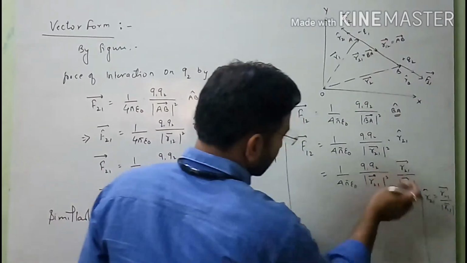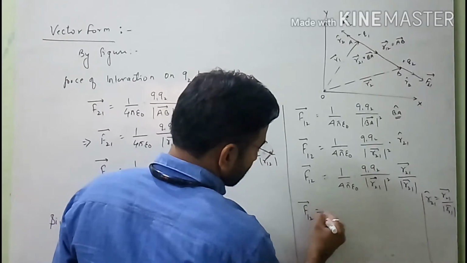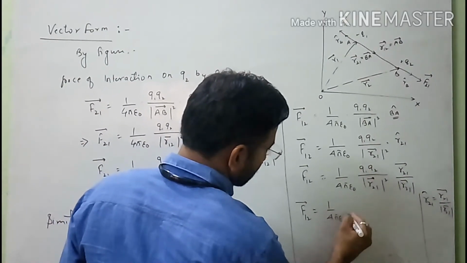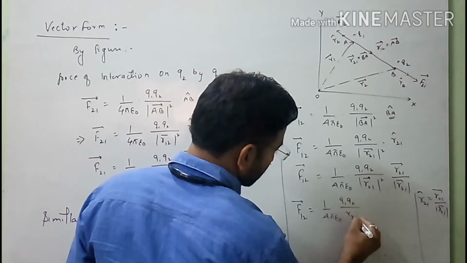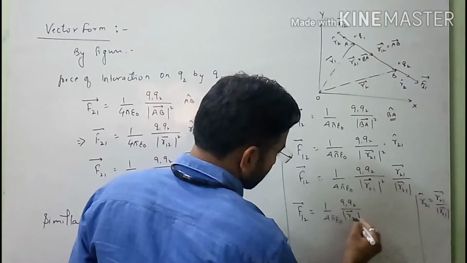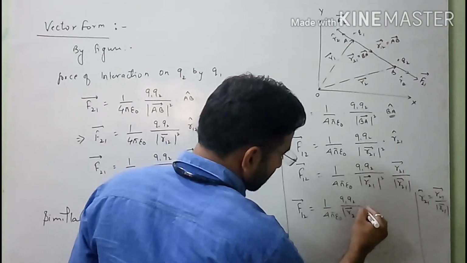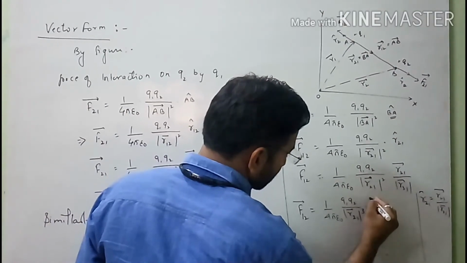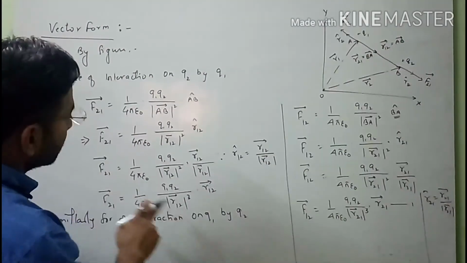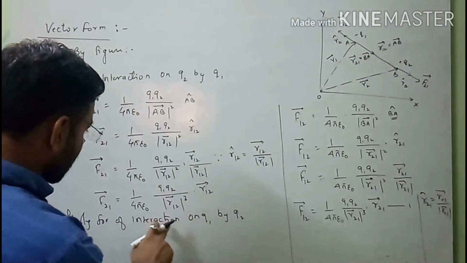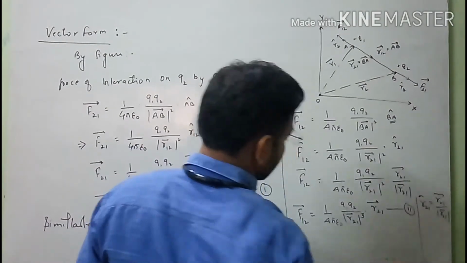After solving this, I will get at last 1 over 4 pi epsilon naught Q1 Q2 over R21 square into this, it will be R21 vector. So this is our second equation, and this one, F21 last here, this is our first equation and this is our second equation.